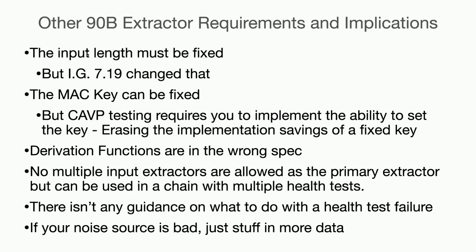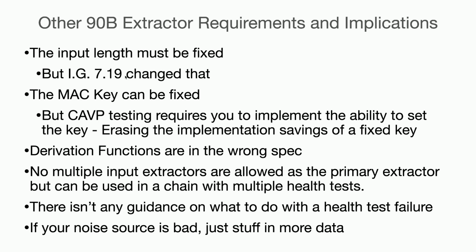So putting this together, there are some other details in the spec. One of which was the input length must be fixed. Now there's an implementation guidance document, 7.19, which is published as addendums against FIPS 140-2, or FIPS 140-3 these days.